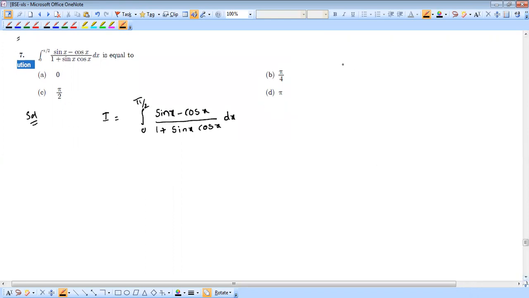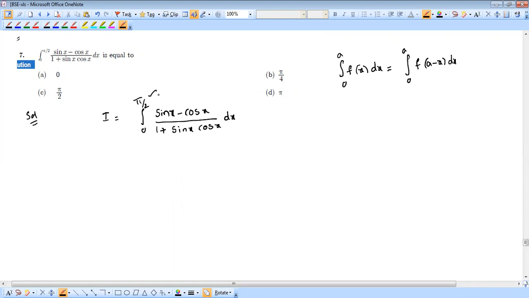Here I'm going to apply the property: integration 0 to a f of x dx is equal to integration 0 to a f of a minus x dx.